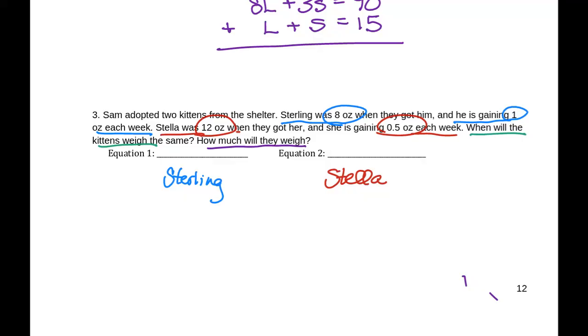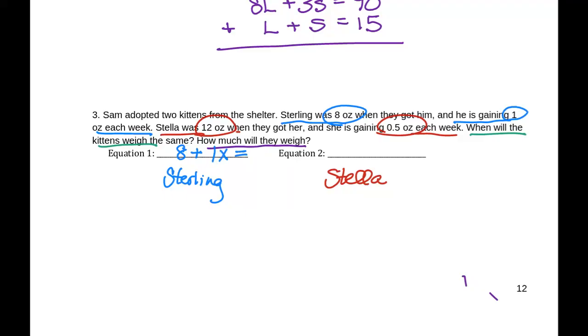So at the beginning, he was 8 ounces. That is going to be 8. And he's gaining 1 ounce every week. Do we know how many weeks? No. So we're going to say 1 times x.